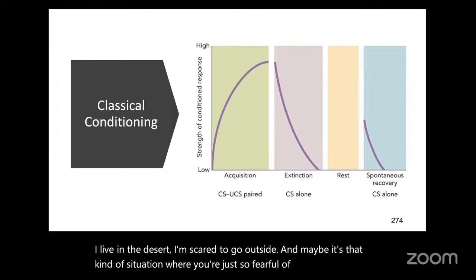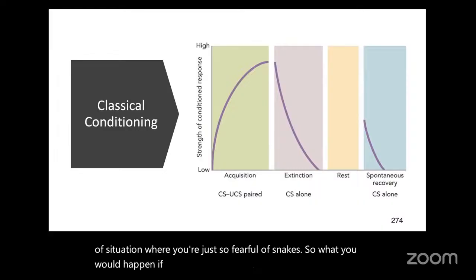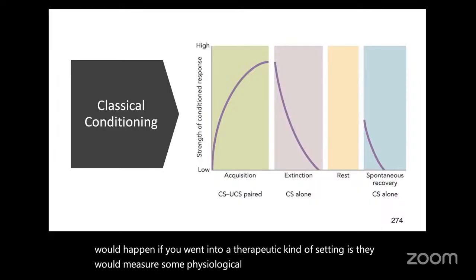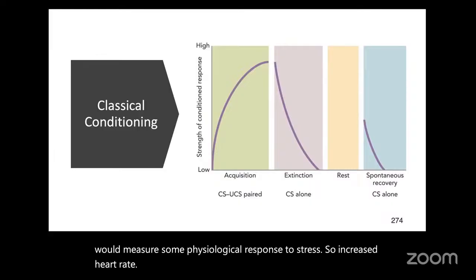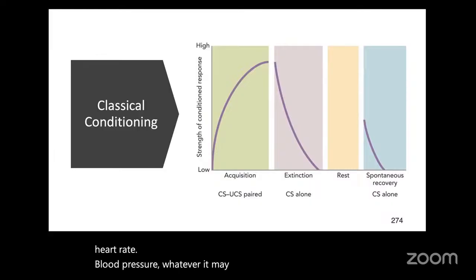So if you went into a therapeutic setting, they would measure some physiological response to stress, so increased heart rate, blood pressure, whatever it may be, maybe skin sweating. And they would slowly expose you to the idea of snakes.